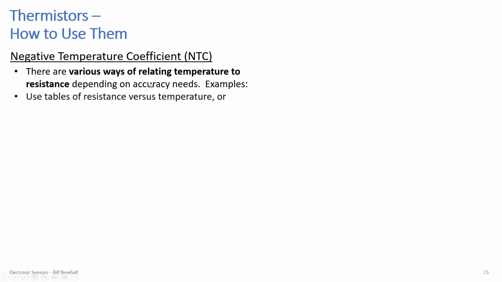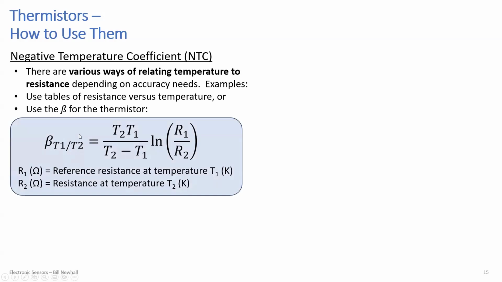But you can use tables of resistance versus temperature out of the manufacturer's data sheet, or you can use the beta for the thermistor. The beta is this value right here that's often given in the data sheets as either a value or a table, usually a table. Okay, so here you have R1.